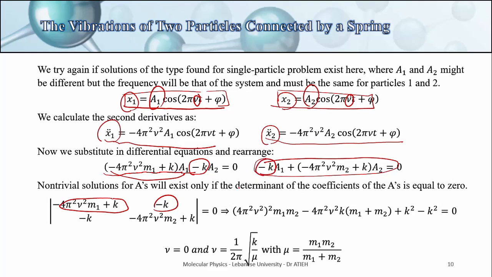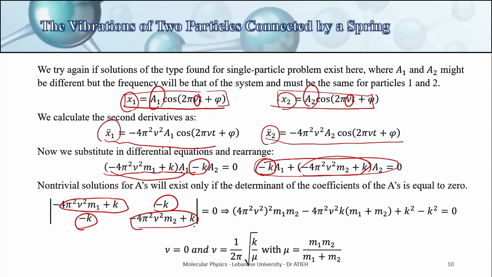Solutions for a1 and a2 exist other than a1 equals 0 and a2 equals 0, because these solutions are not accepted: if a1 is 0 and a2 is 0, it means that there is no oscillation. So non-trivial solutions exist if the determinant is equal to 0.